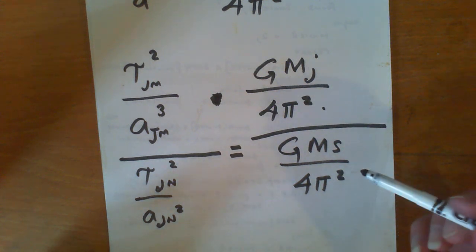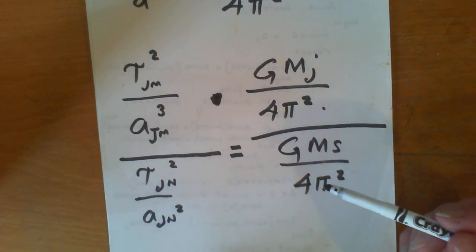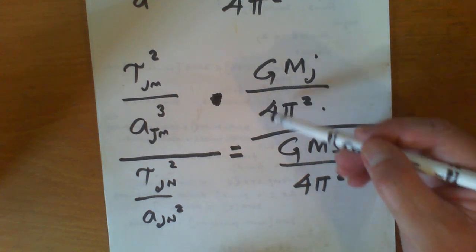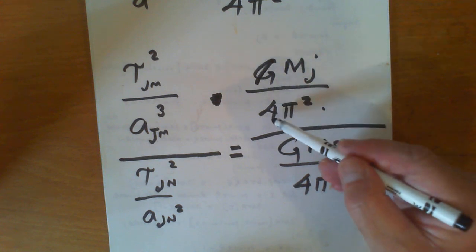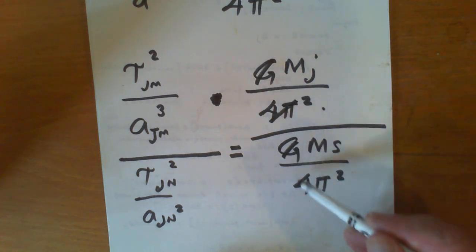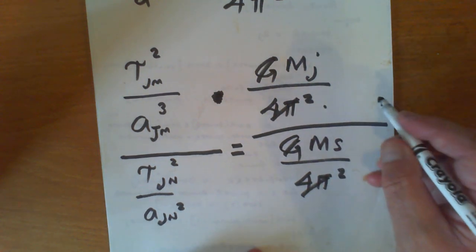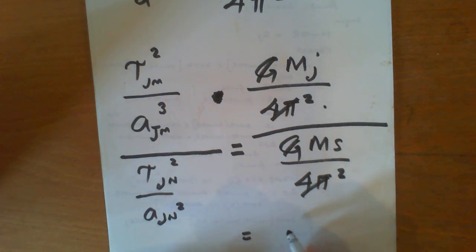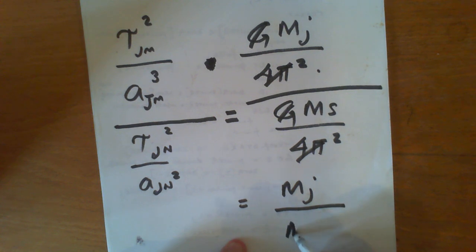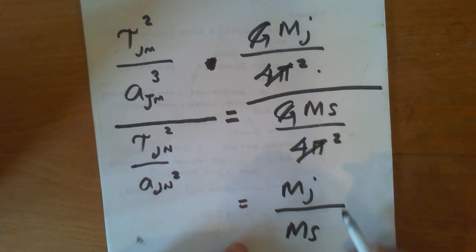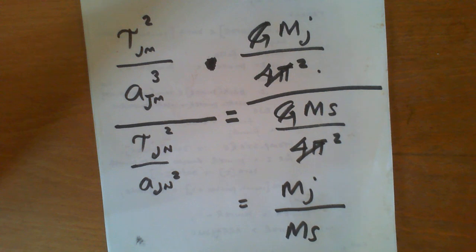Now the point is that, again relying on basic GCSE mathematics, I can just cancel these two out. These are constants everywhere, so I can cancel them out top and bottom. So that just means that on the right hand side I've got the ratio, the mass of Jupiter divided by the mass of Saturn.